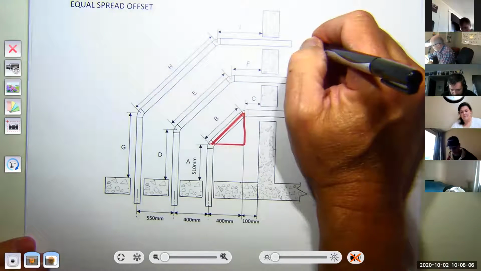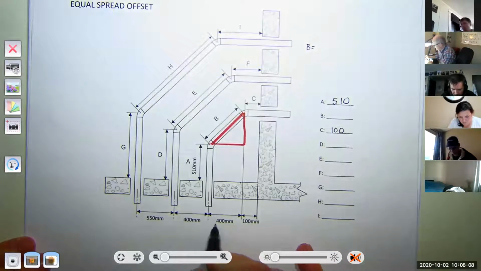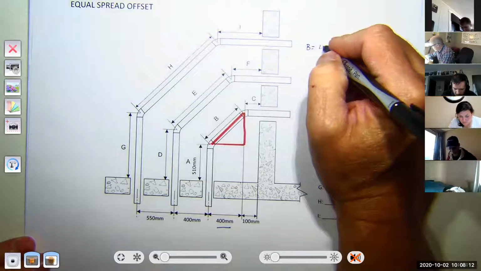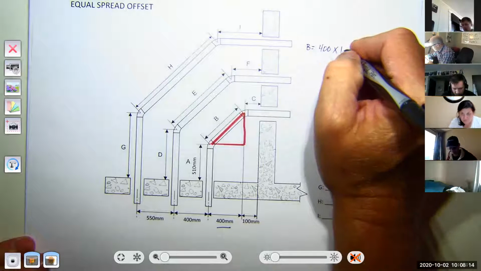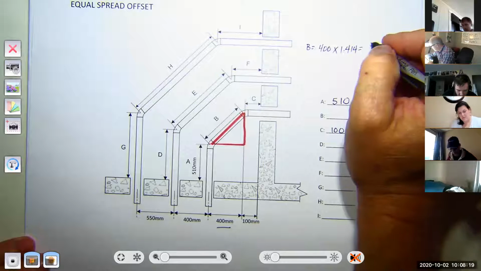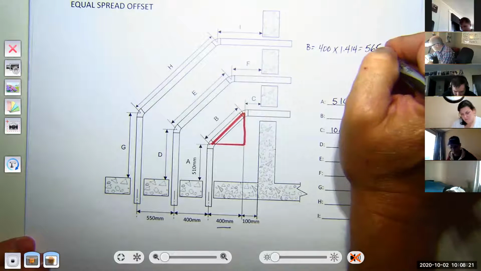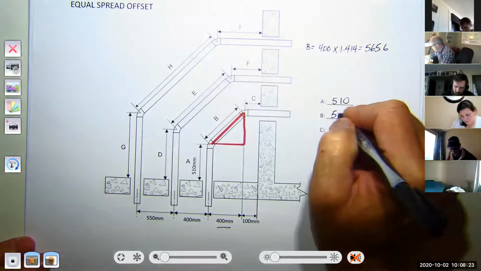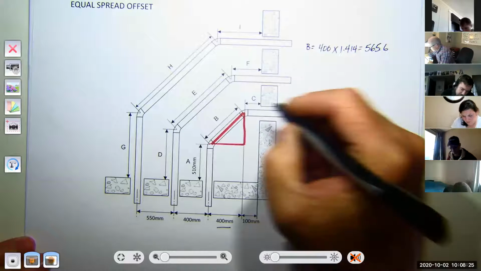B would be calculated by taking my 400 down at the bottom here: 400 times 1.414. And that would equal B, which is 565.6. And I'm going to write that in here.